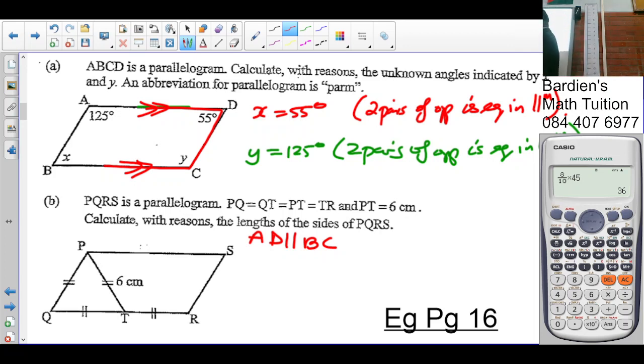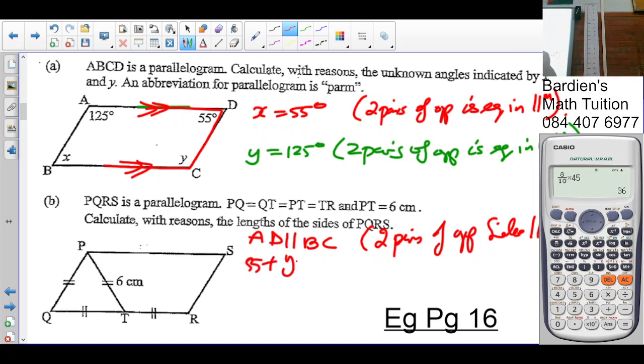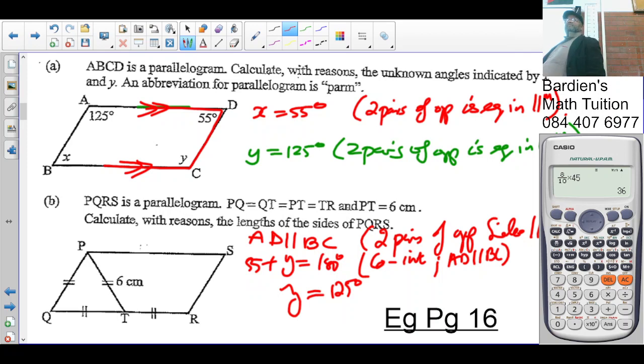Because two pairs of opposite sides are parallel in a parallelogram. Now we can say that 55 plus y is equal to 180. Why? Co-interior angles with AD parallel to BC. And then y would have worked out to 125. Does it make sense?